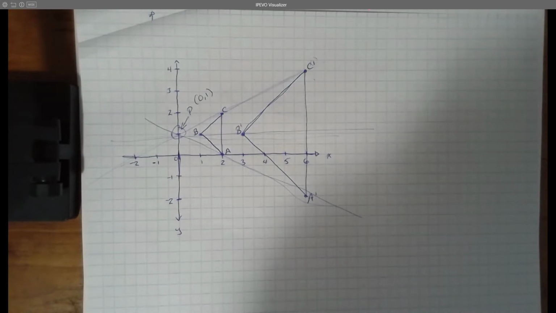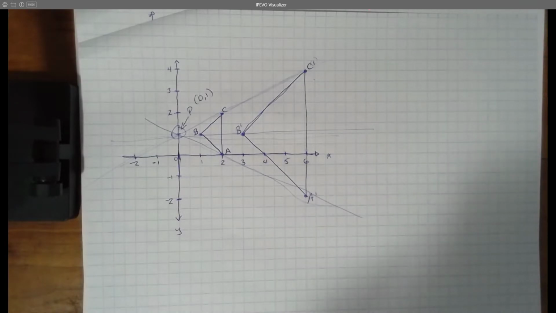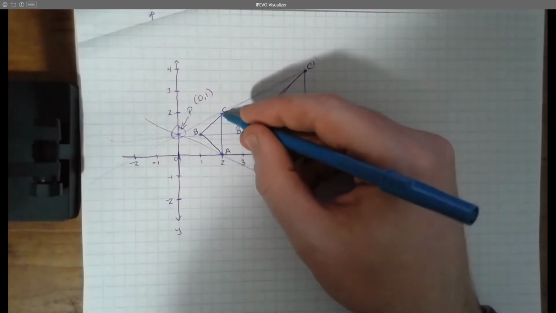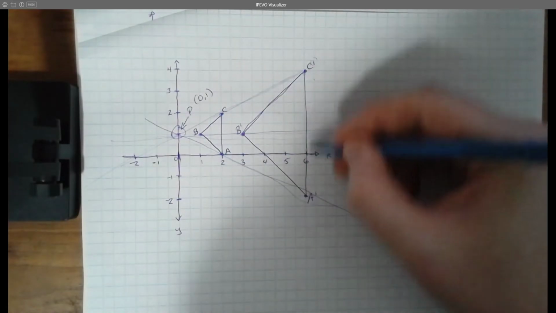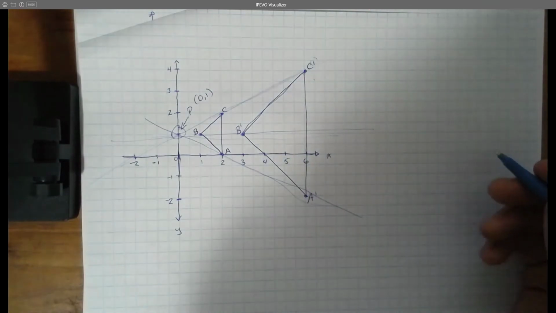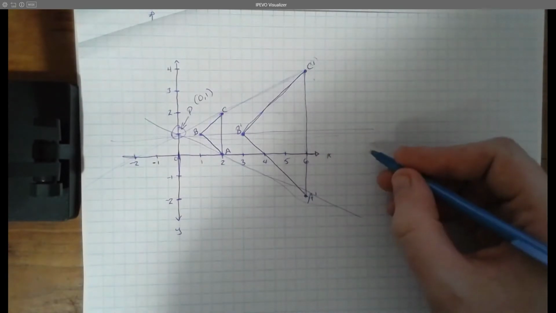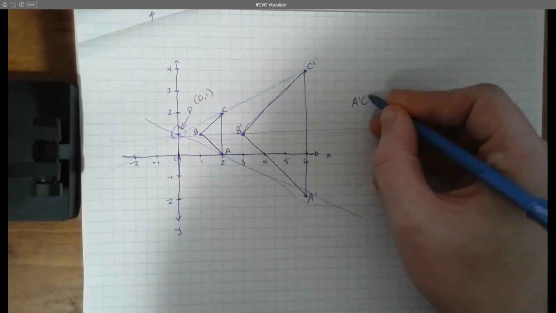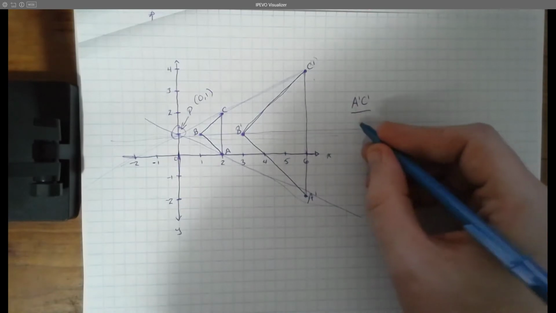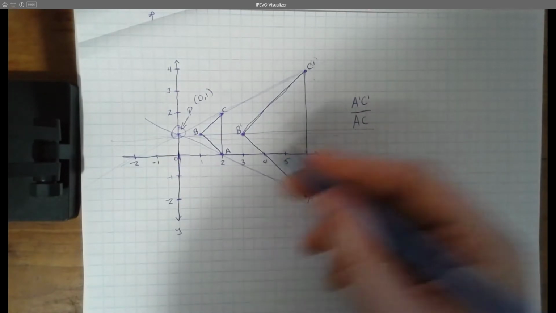What is the value of the scale factor? That's part B of this question. Well, there's a number of ways that we can solve that. The easiest is using a straight line here. We have a straight line both here and here in A and C. So if you remember, to figure out scale factor, we take the length of the image on top, so A'C', over the length of the original on bottom, AC.